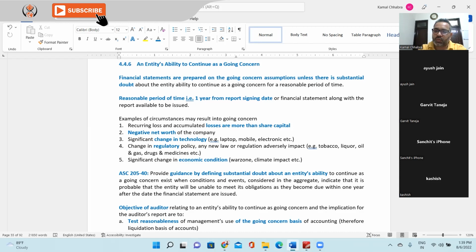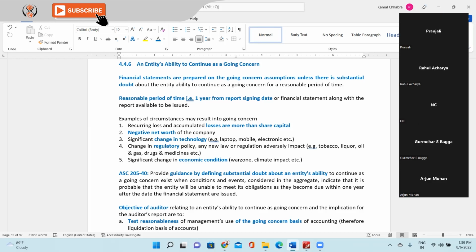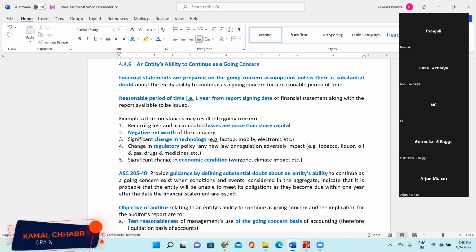We look at the foreseeable future for the company, which is the next 1 year, 12 months. If there's a question on their ongoing operations, it is a question on going concern.